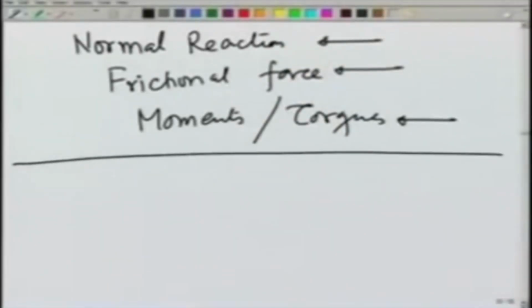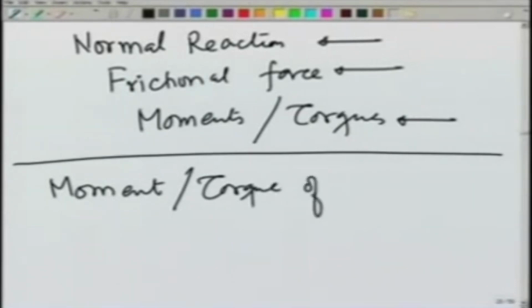In which direction are the frictional forces? What are different types of frictional forces? We will study moments in slightly more detail to understand how they can affect the motion and what special moments are. So, we will take these topics one by one. I want to start by discussing moment of a force, moment or torque of a force.